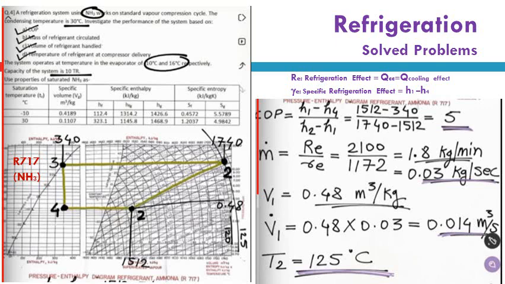Then we can estimate the m dot refrigerant using the cooling effect equation divided by the specific cooling effect, which means the delta H on the evaporator.